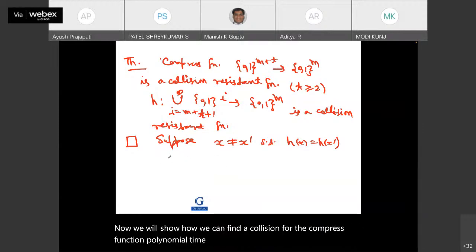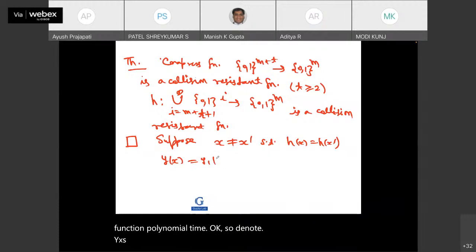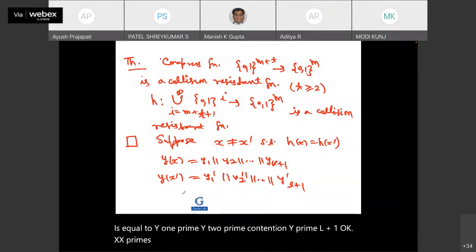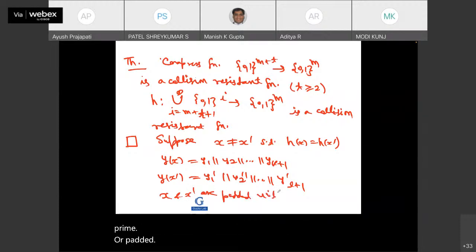Okay, so denote yx as y1 concatenation y2 concatenation ... concatenation y(k+1), and yx prime is equal to y1 prime concatenation y2 prime concatenation ... concatenation y prime (l+1). Now x and x prime are padded with d and d prime zeros respectively.